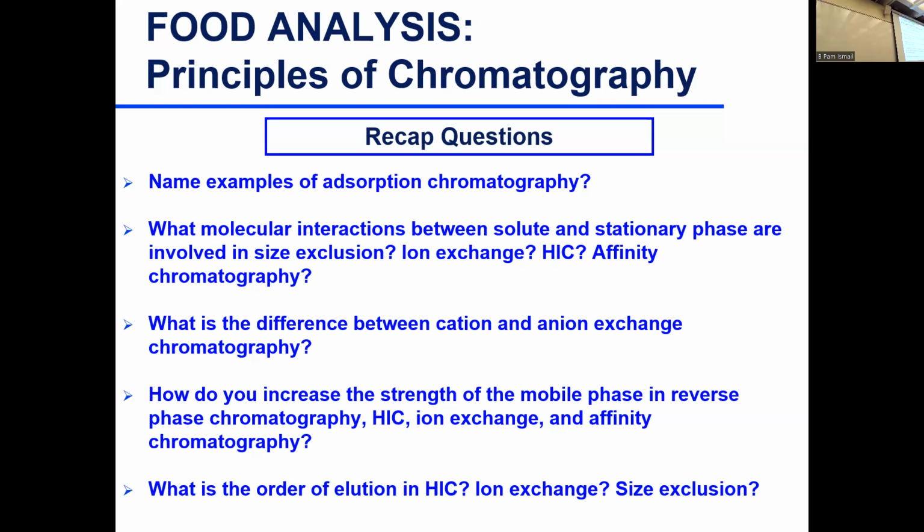So the less interaction, again, the faster the elution. In size exclusion chromatography, is it the smallest that elutes first or the largest? The largest, because it doesn't go through the pores, it goes with the void volume. Very good. So these are the things that you want to review after you study. Make sure you understand all of this.